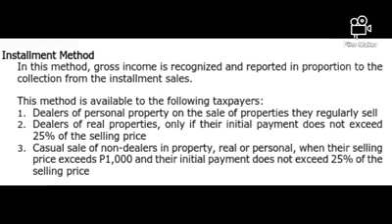The installment method is available to the casual sale of non-dealers in property, real or personal, when their selling price exceeds 1,000 pesos and their initial payment does not exceed 25% of the selling price. So we need to determine first the ratio of initial payment.